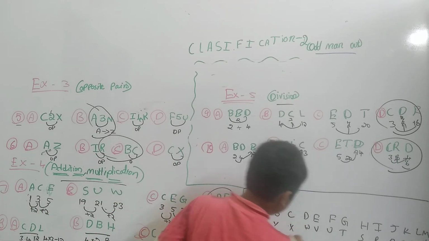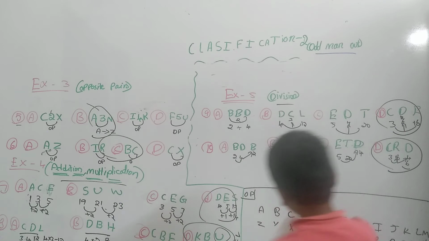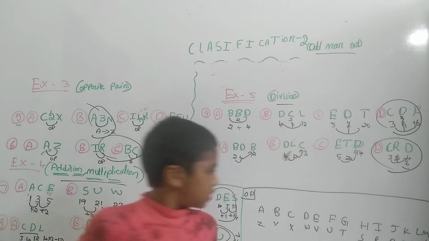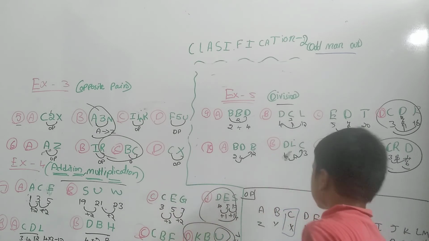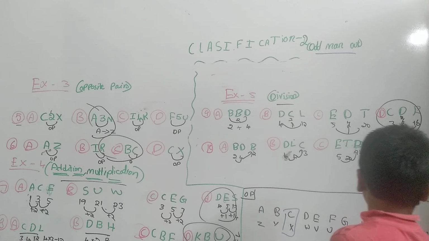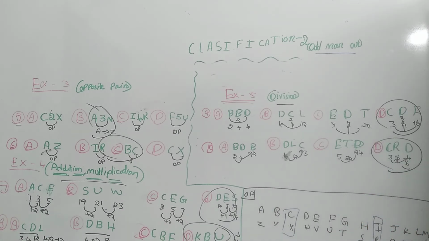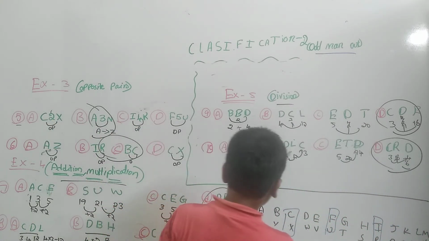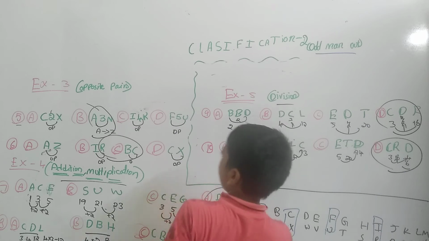Here CX is an opposite pair, IR is an opposite pair, FU is an opposite pair, and AZ is an opposite pair.